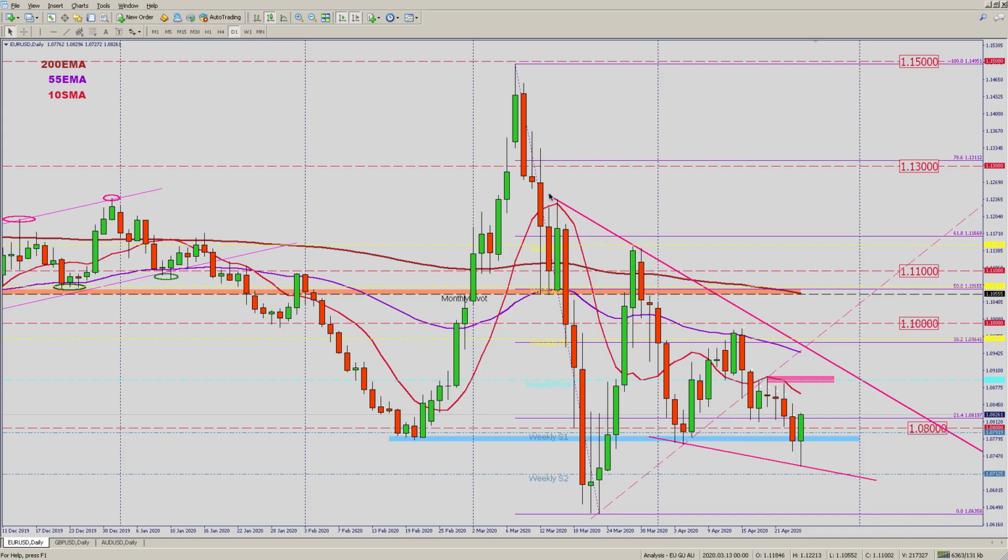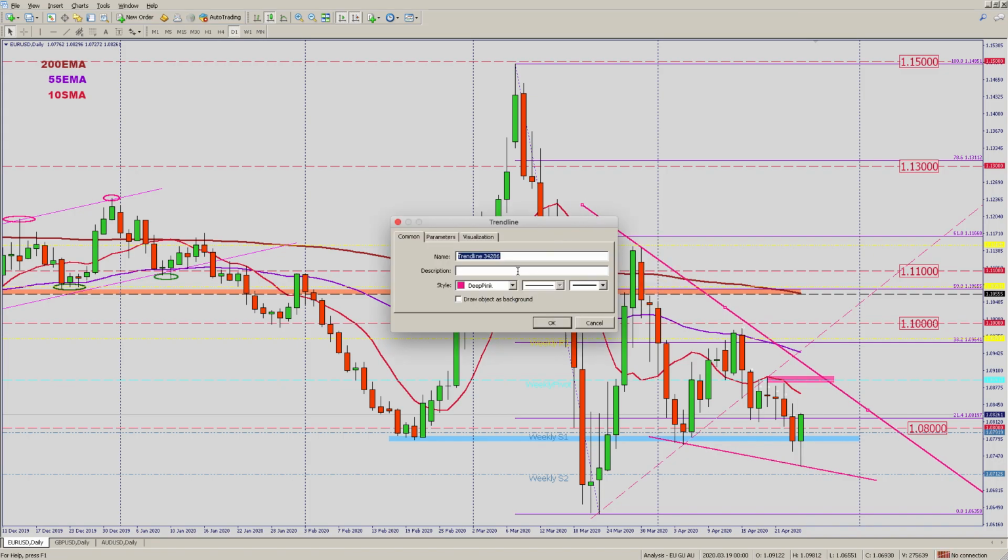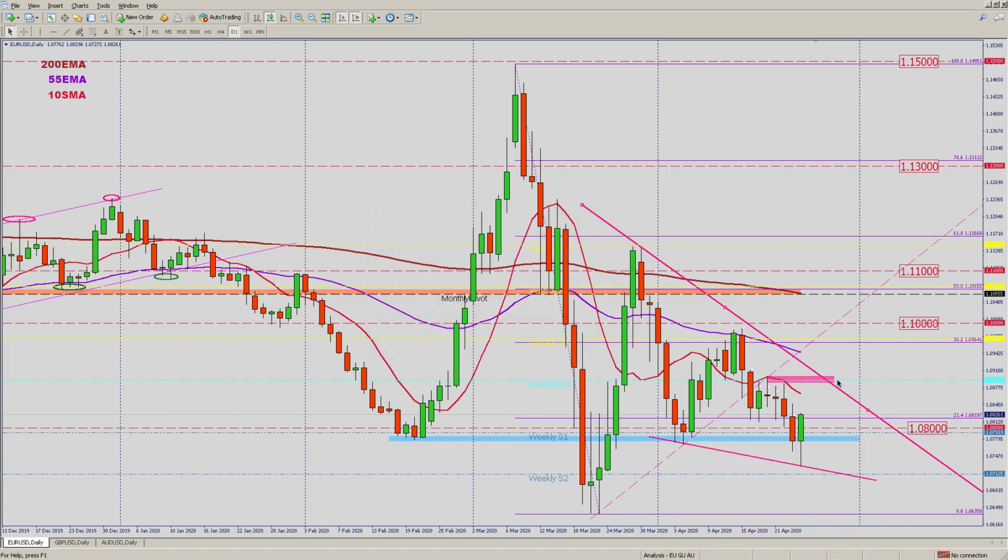And if we move this upper trend line, we could actually form a descending triangle, descending wedge.